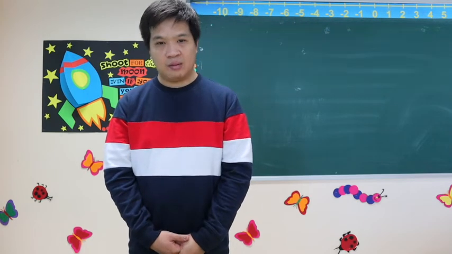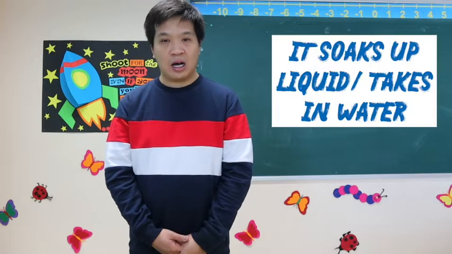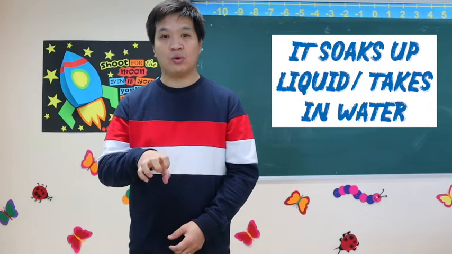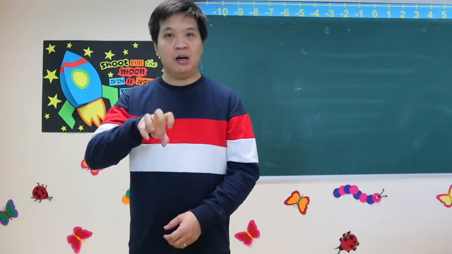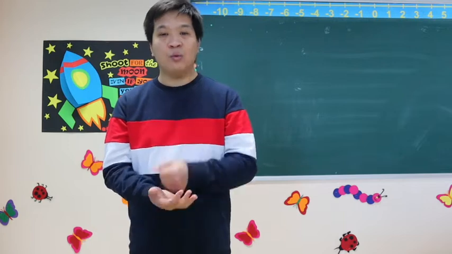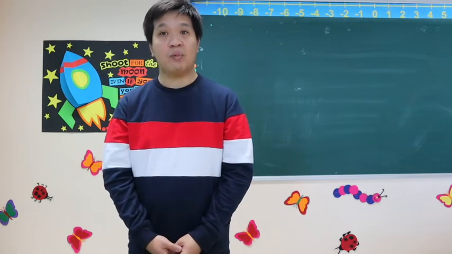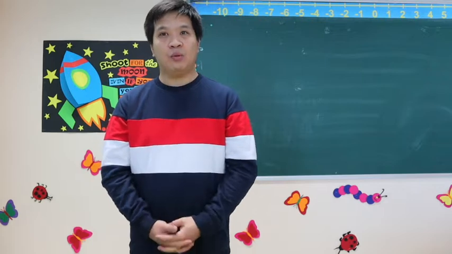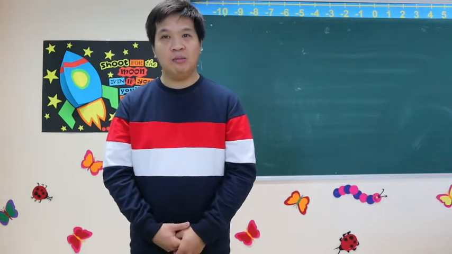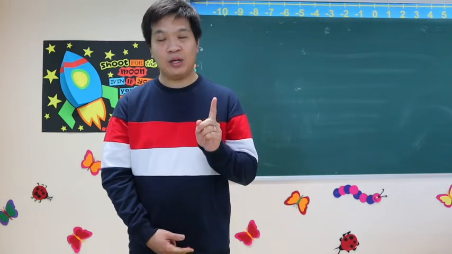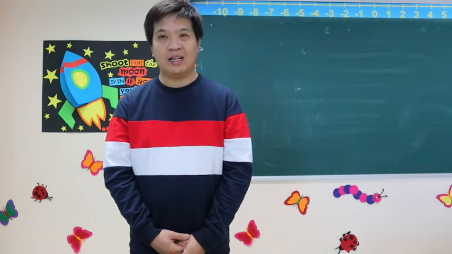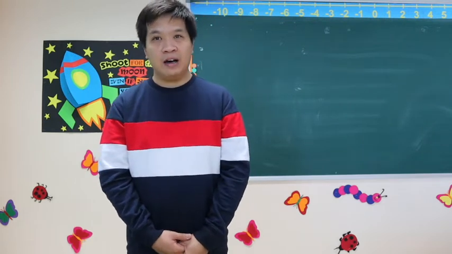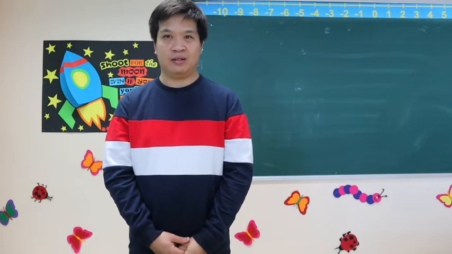If something is absorbent, it soaks up liquid or it absorbs or takes in water. For example, sponge. Sponge is absorbent. Again, what do we call the word to describe materials? We call it properties. Now, we are going to have an experiment.